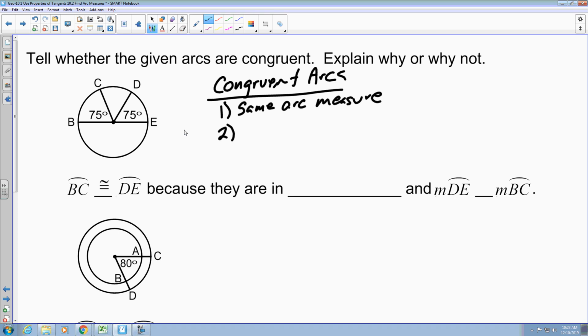The second thing is you have to have the same radius. If you look here, arc BC is congruent to arc DE because they're both 75 degrees, and they are in the same circle. Since they are in the same circle, they have the same radius, so we can say that the measures are going to be equal as well. So yes, these are congruent arcs.